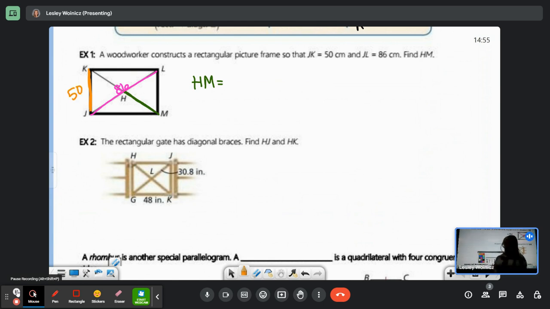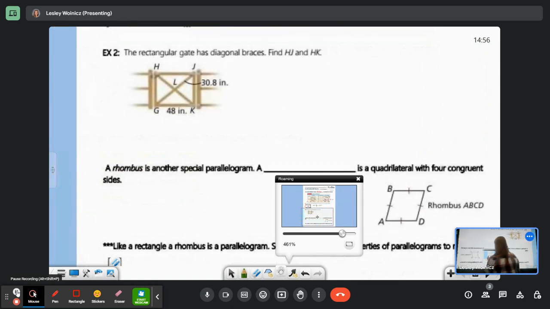Okay, so HM is 86 divided by 2, which is 43. 43 what? Centimeters. Okay, where does it say that? Pick a spot.